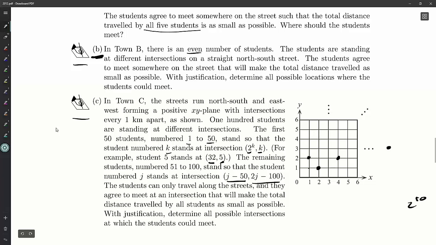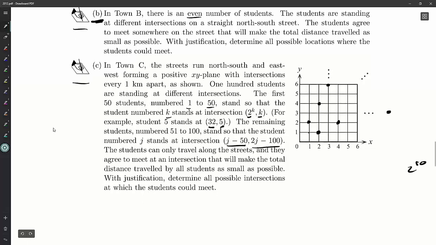And then the next one will be at (2, 4), and then (3, 6). Students can only travel along the streets, and they agree to meet at an intersection. So our answer will be an intersection that will make the total distance traveled by all students as small as possible, with justification determine all possible intersections at which the students could meet.